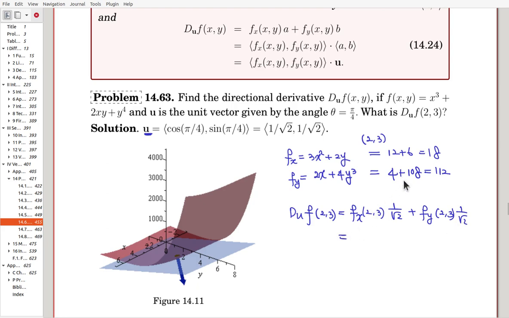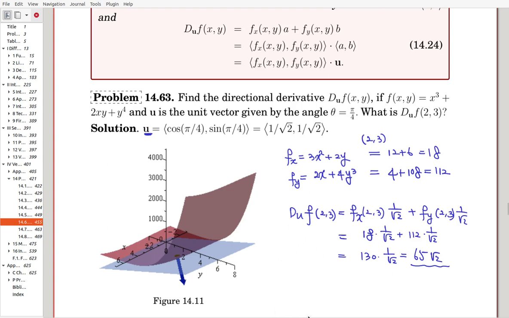This one is 18 times 1 over square root of 2 plus f sub y, 112, times 1 over square root of 2. So we have here 130 times 1 over square root of 2, which is the same as square root of 2 over 2. So that is 65 square root of 2. Okay, that's the final answer.